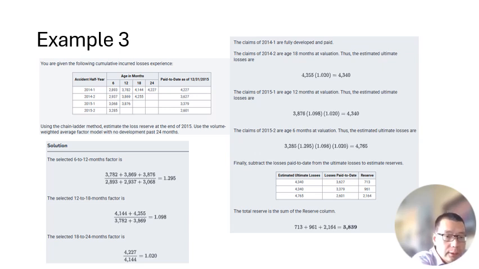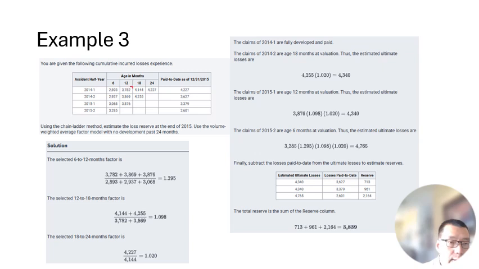So the selected 6 to 12 months factor is 3872 plus 3869 plus 3876 divided by 2893 plus 2937 plus 3068. It turned out to be 1.295.